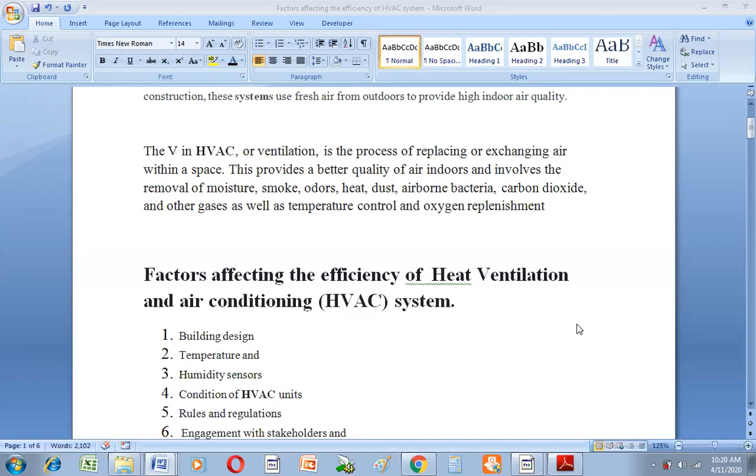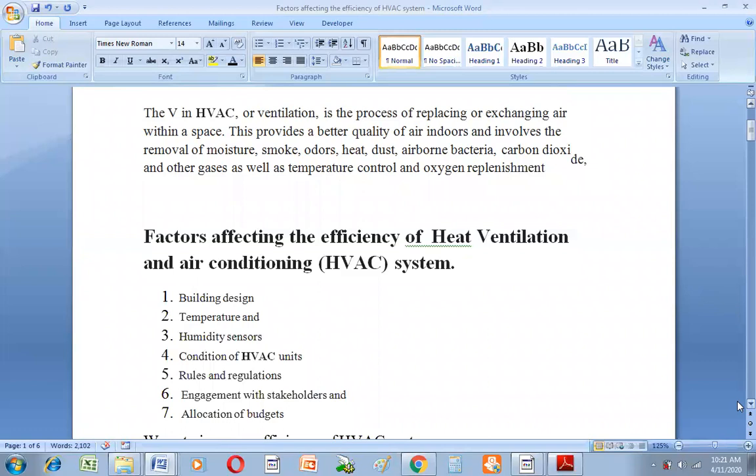Then one more thing is what kind of motor is used for the HVAC system. For example, if we use an energy efficient motor, definitely the efficiency of the HVAC system will improve, because it will take less electricity to give more output, that is cool air and fresh air. Then rules and regulations for running the air conditioning system, that is also one of the parameters.